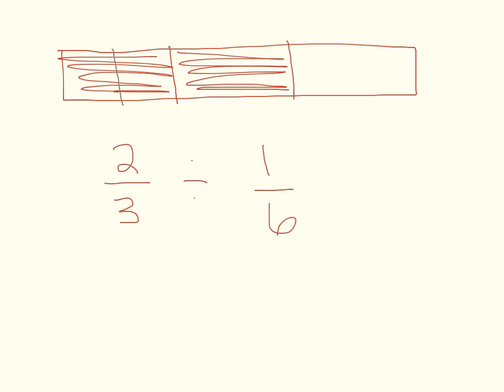One piece, 2, 3, 4, 5, and that's our 6th piece. Well, this time, I could have divided my second denominator by my first one, but that would only give me how much is in 1/3, and I have 2/3. And we can see by this picture that the answer is 4.